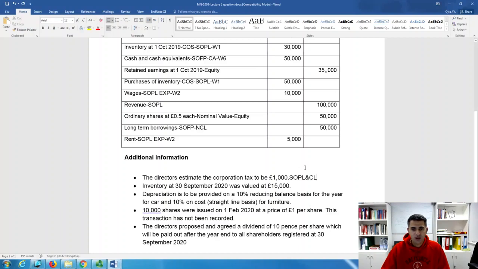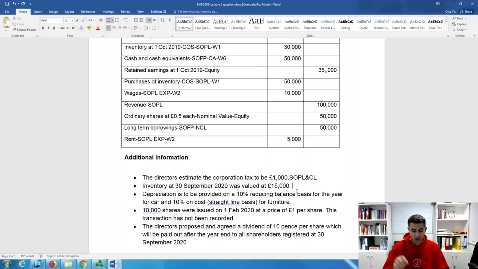In terms of inventory, at 30th of September 2020 it was valued at £15,000. Of course this is closing inventory. For closing inventory, we need to use it twice.